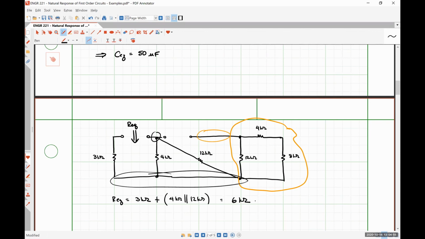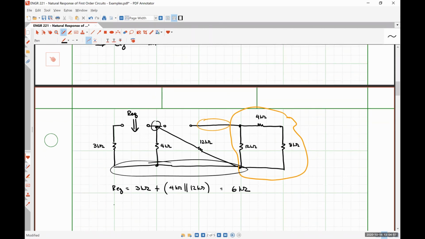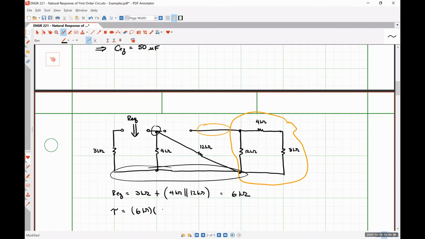6 kilo ohms, which means our time constant tau is equal to Req of 6 kilo ohms times Ceq of 50 microfarads. So 6,000 times 50 times 10 to the minus 6 gives me 300 milliseconds.